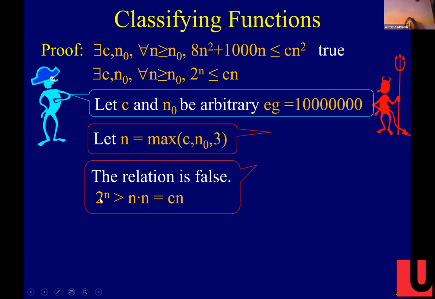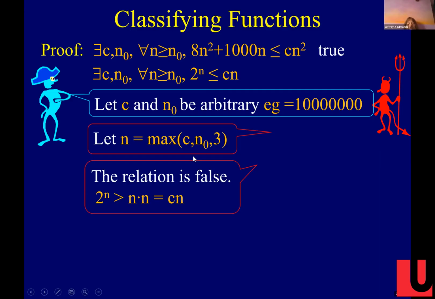Well, 2 to the n is bigger than n squared for every n bigger than 3, right? If you plug in 3, you get 2 times 2 times 2 is 8.